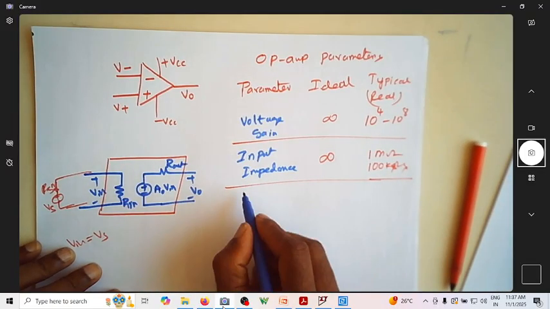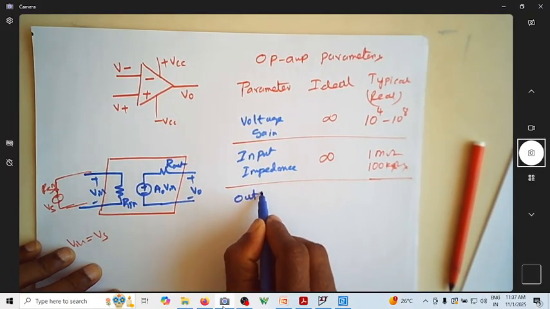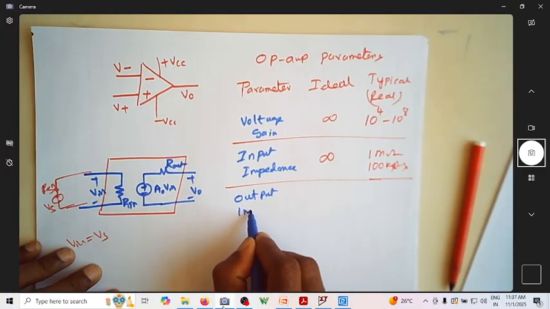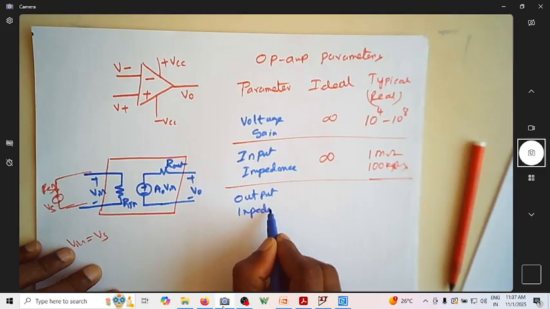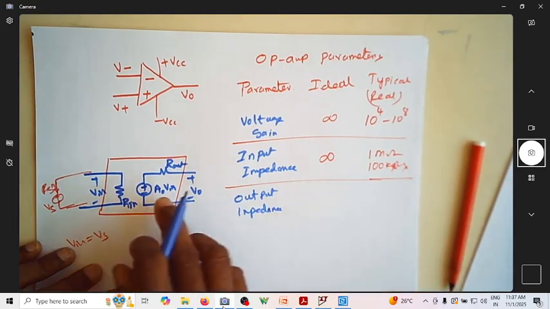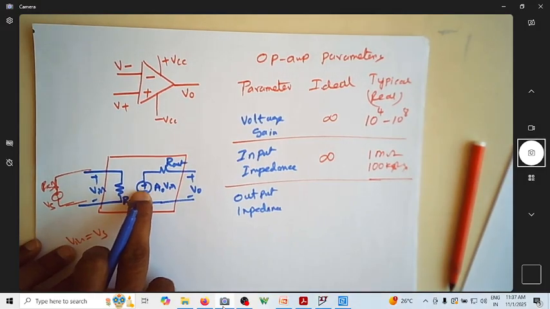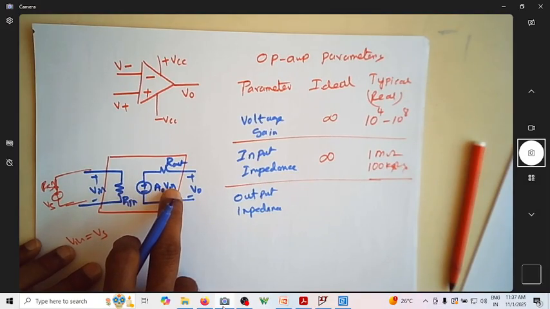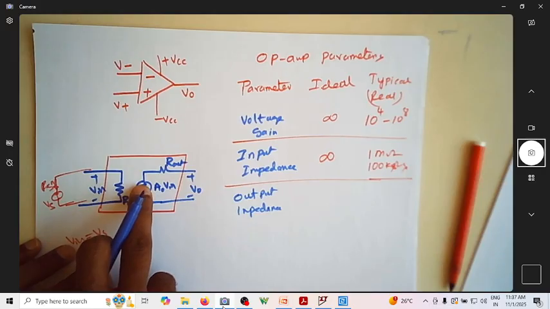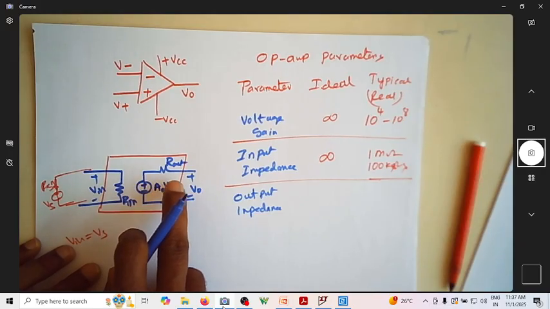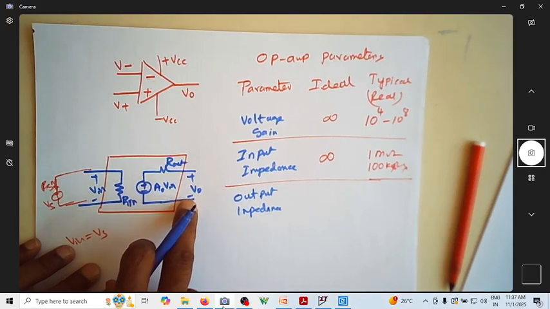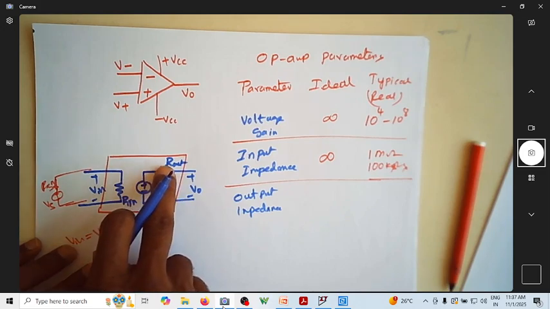And then comes the output impedance. Whatever gain we have, gain times the input voltage is the voltage that you have. If this entire voltage has to reach the output point, then R out should be 0.